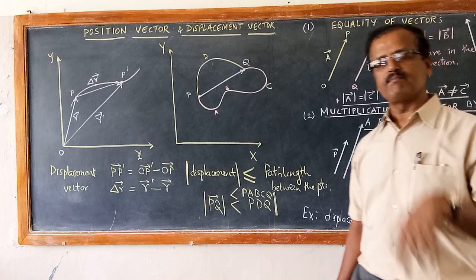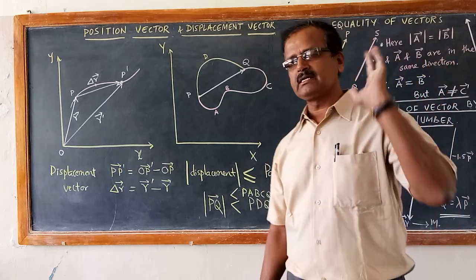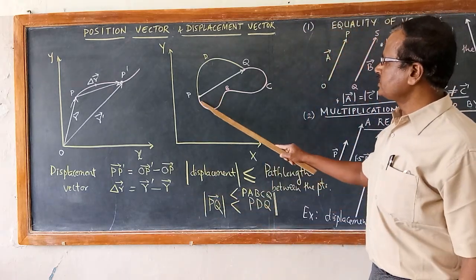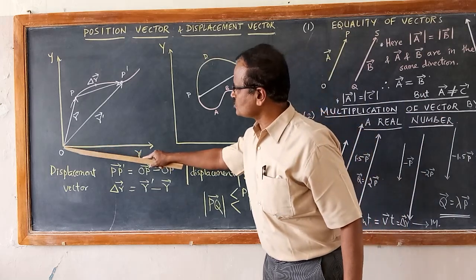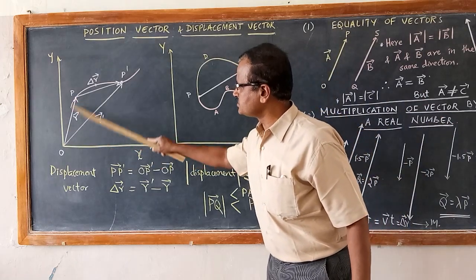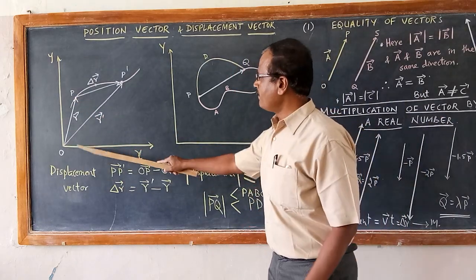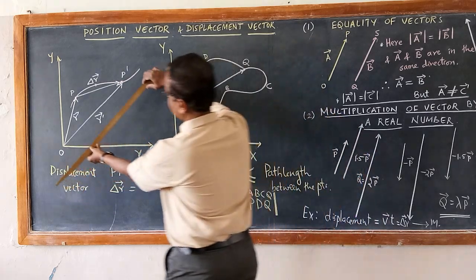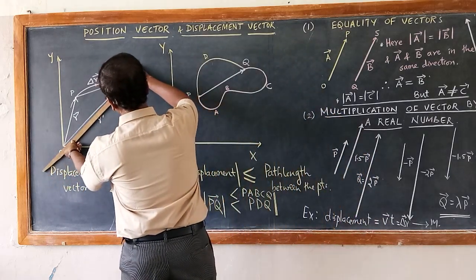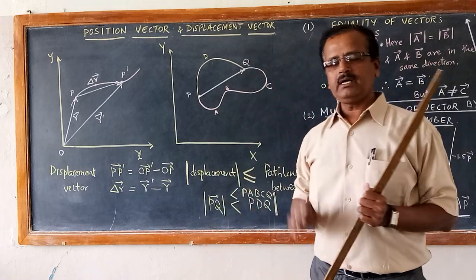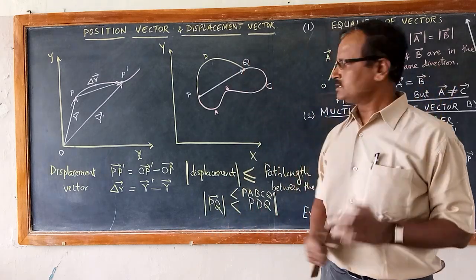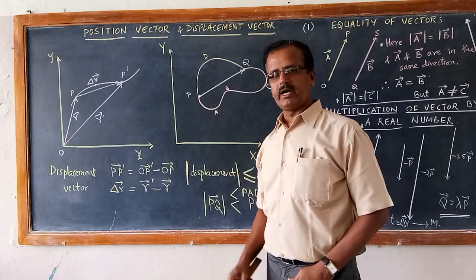So a vector has both magnitude as well as direction. In this case, the length OP' gives you the magnitude of R'. If you measure it directly using the scale, that gives you the magnitude of the vector, and the direction is shown by the arrowhead.